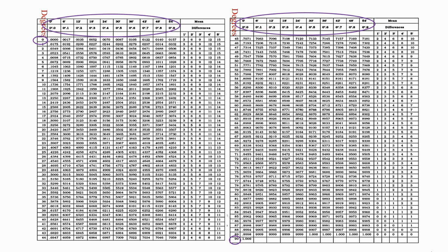Now here you can observe one more thing, student. In between any successive minutes columns, there is a difference of 5 minutes. That difference gets adjusted by the mean difference, which starts from 1 minute and ends at 5 minutes.